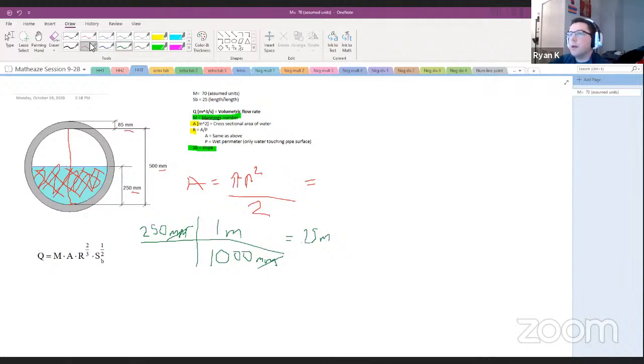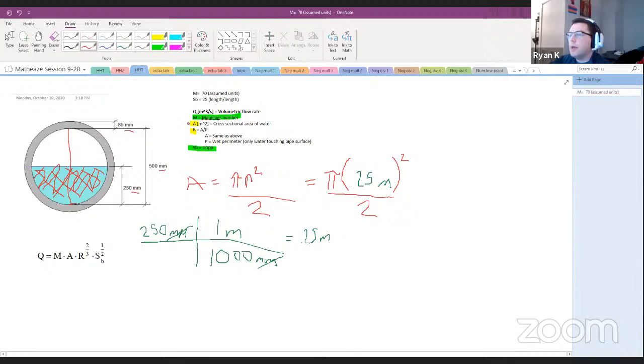We can go ahead and plug that in up here. We've got pi times our 0.25 meters, that quantity is squared, and it's divided by 2.